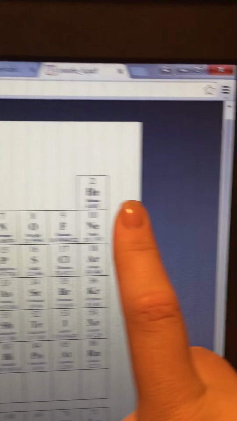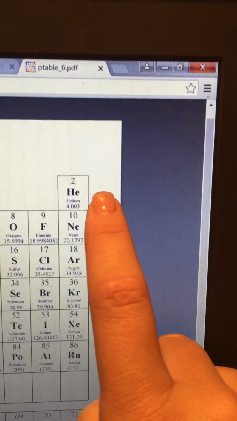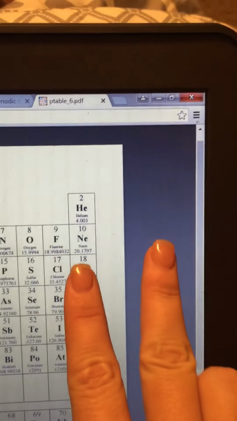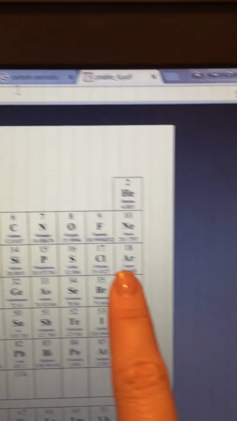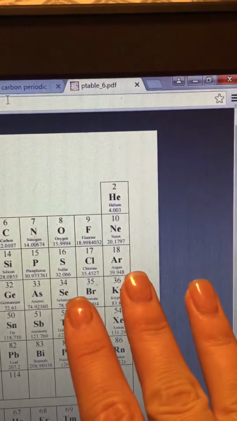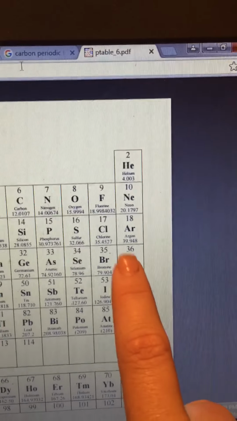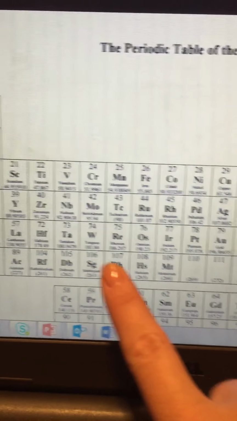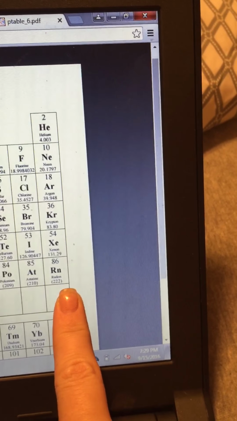So hydrogen and helium in period 1 only have 1 energy ring. From lithium to neon, we have 2 energy rings. Then from sodium over to argon, we have 3 energy rings. So on all the way down, 4 energy rings, 5 energy rings, 6 energy rings, and then yes, even up to 7.